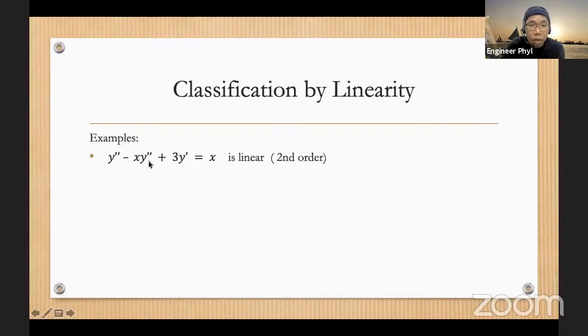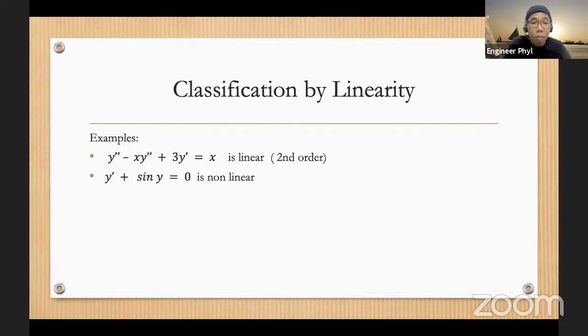Y double prime, the power is 1, and y prime, the power is 1. And the right side of the equation is a pure function of x. Then this is a linear differential equation. There are no nonlinear functions in it. And the coefficient of the y prime in the second term is a function of x, so it still follows the property for linearity.